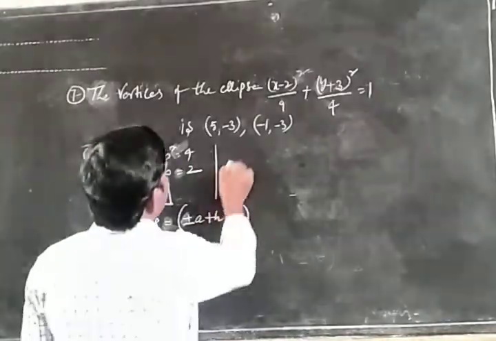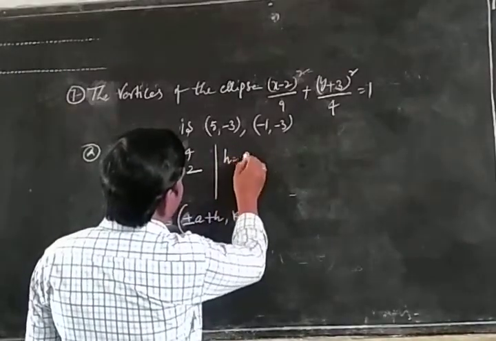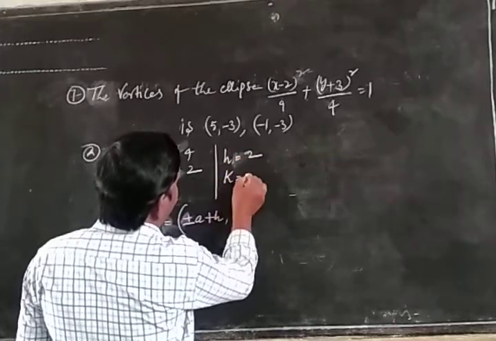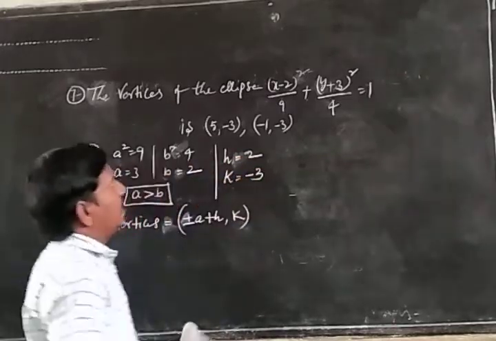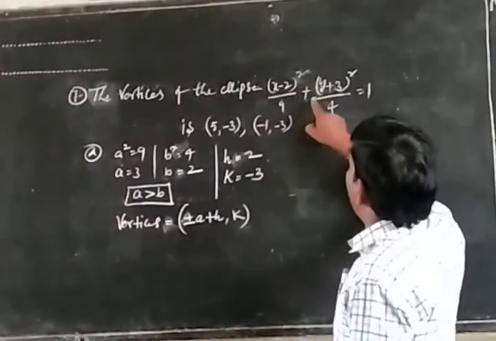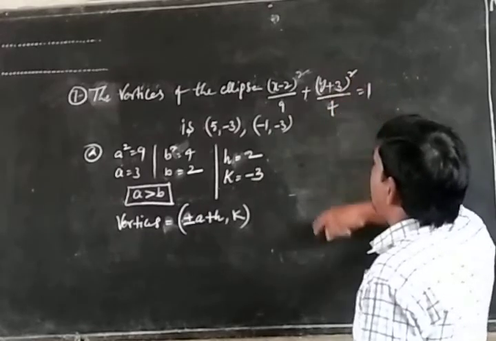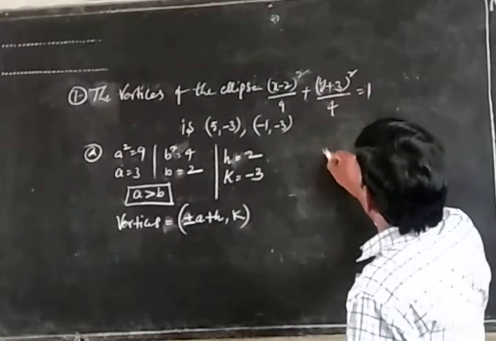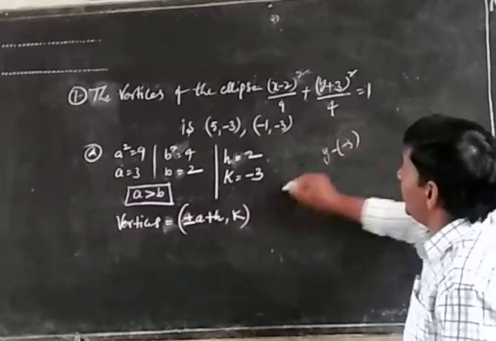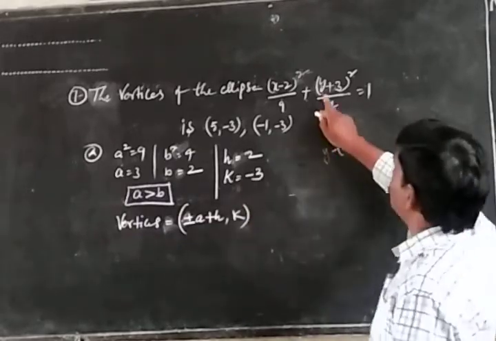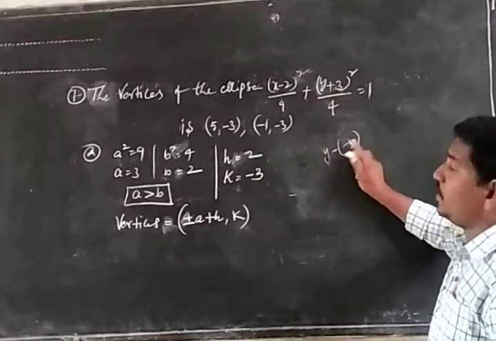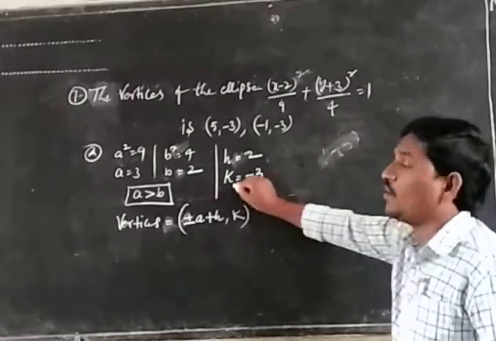Here h equal to 2 and k equal to minus 3. It is (x minus h) and (y minus k), so it is written as y minus of minus 3. Minus into minus is plus. That's why k equal to minus 3.